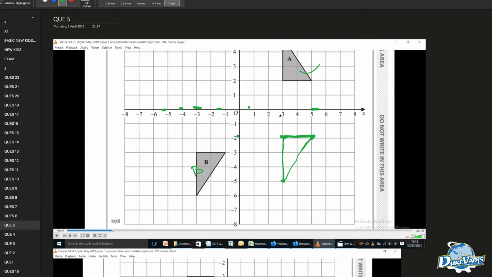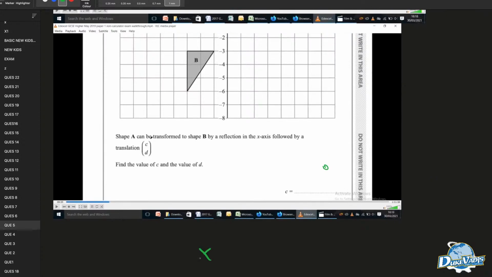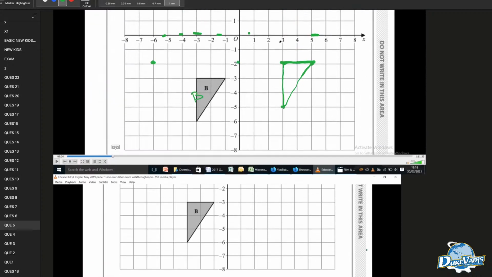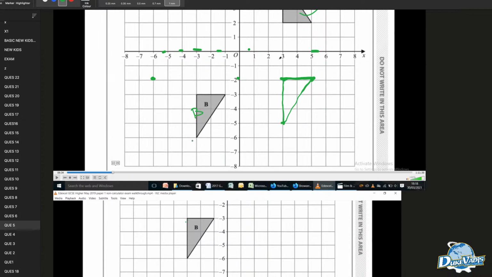It will be -6 here and -1. You understand? We are going to the left here, so to be negative, the x will be -6 and the y to be -1, to be able to translate to this point. That's how it's going to be.